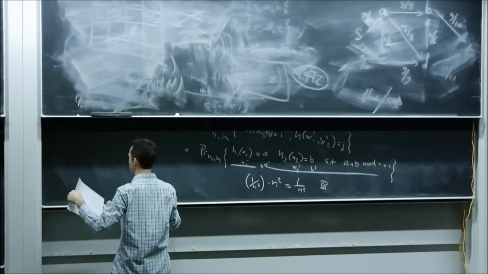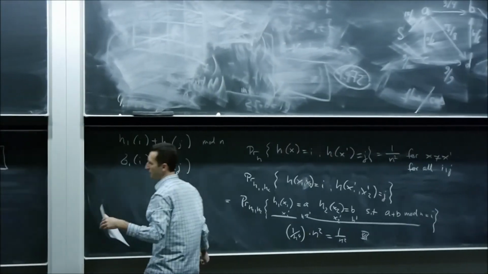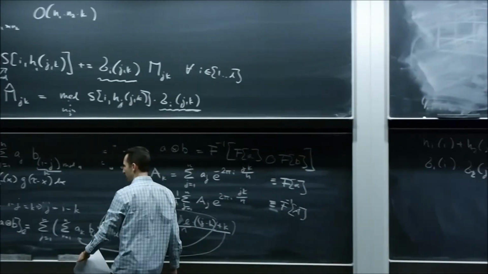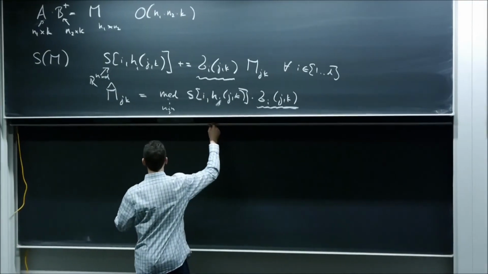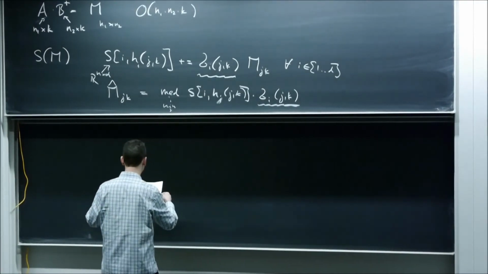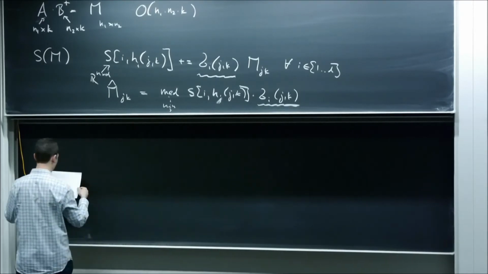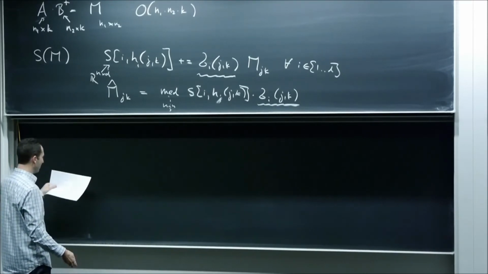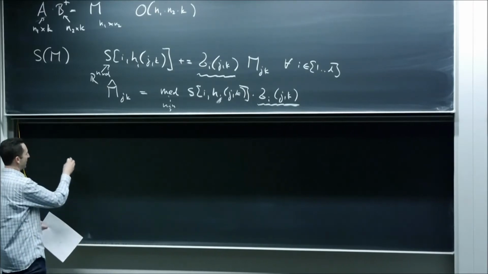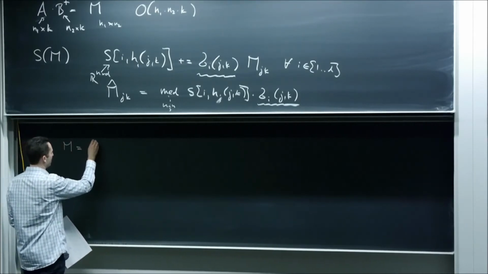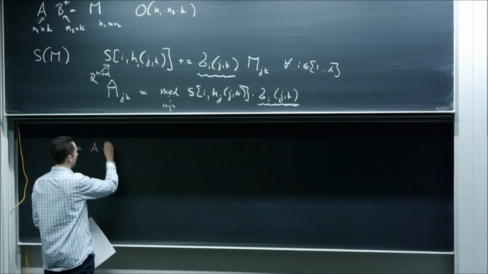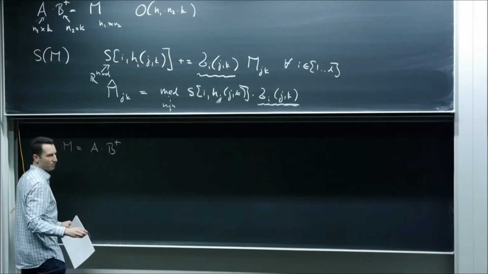So, actually, let me use the other slide over there on the left because that's a little bit more readable. So I think we can get through the basic idea of how it works. Okay, so let's actually write out M equals A times B transposed.